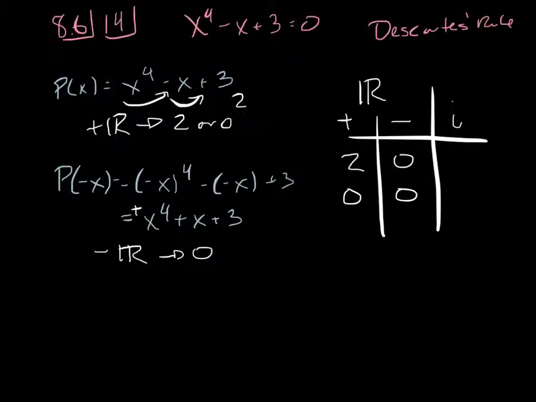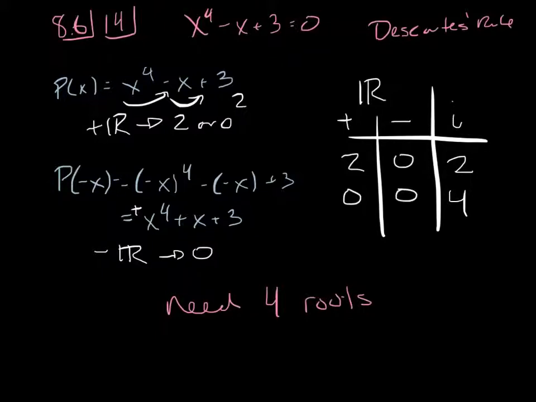Now, because our degree is 4, we need 4 roots. Here I have 2 positive, 0 negative, so I need another 2 imaginary. And here I have 0 positive, 0 negative, so I need another 4 imaginary.